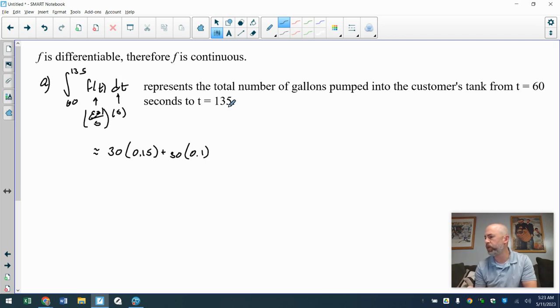And then 120 to 135 has a base of 15 and a height, which is the function value at 135, 0.05. And you can stop there.